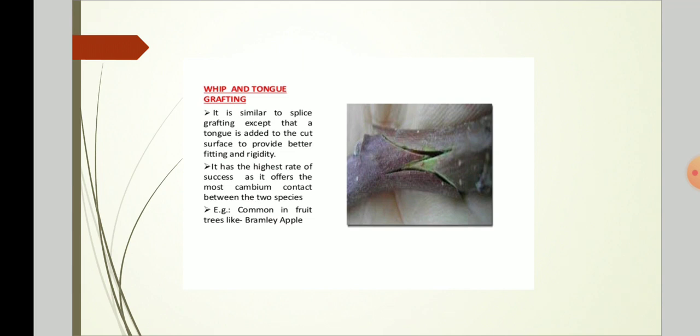It is similar to splice grafting except that a tongue is added to the cut surface to provide better fitting and rigidity. It has the highest rate of success as it offers the most cambium contact between the two species. Example: common in fruits like bramble, apple, etc.